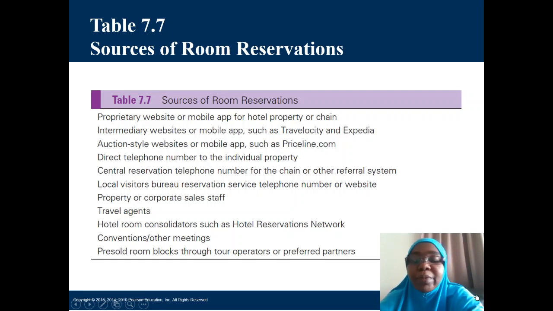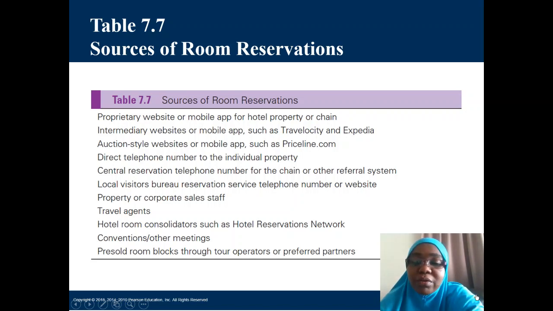It could be through the proprietary website, that is the website of the lodging facility or the hotel. So you go straight to the hotel and do your booking. It could be through intermediary websites. We have mobile apps or websites that serve as intermediaries between the customer and the hotels, for example, Travelocity or Expedia.